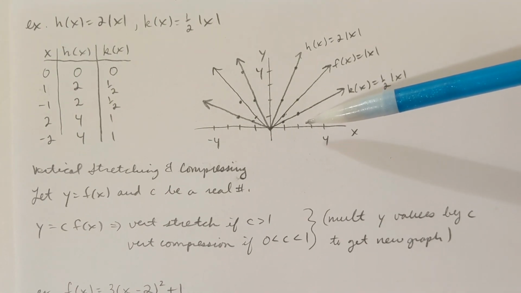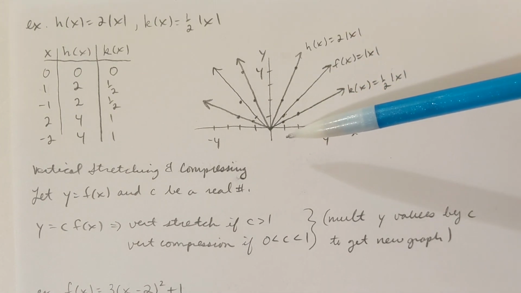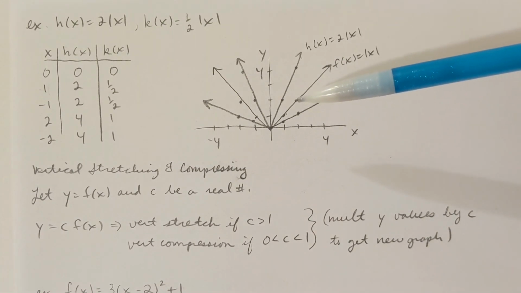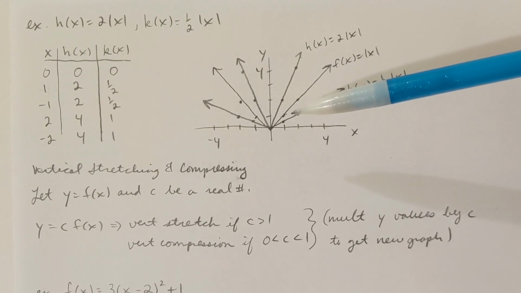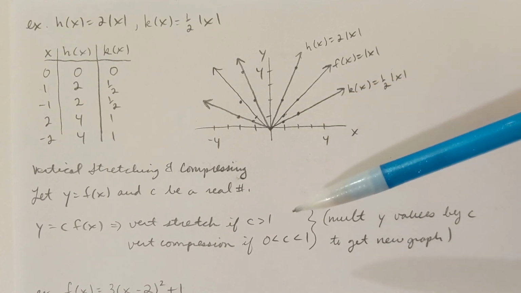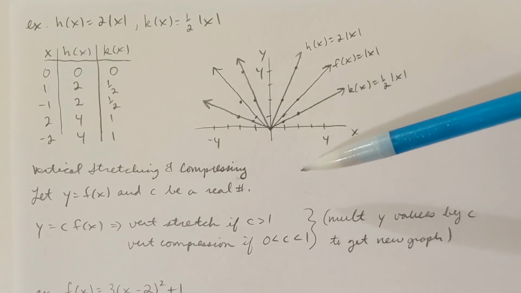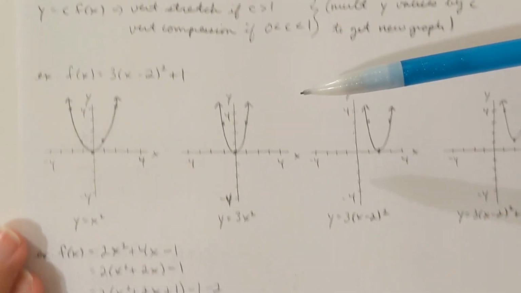If c is negative, I get a reflection about the x-axis. And so sometimes you can end up with a vertical stretch or compression that's also a reflection. If c is negative, we get something that would be down here.